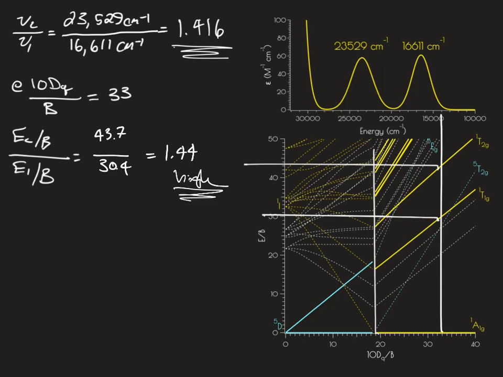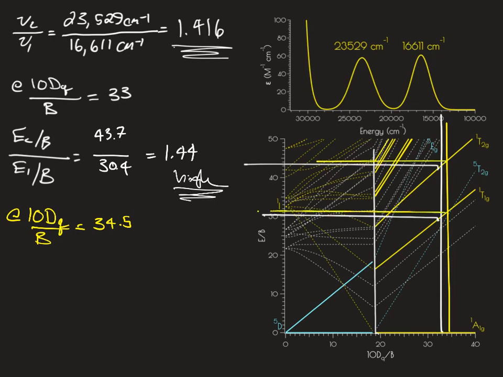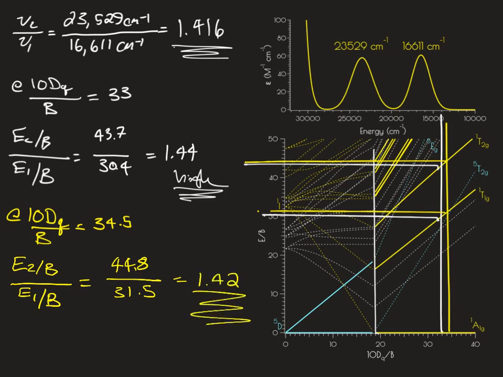So going through and moving to the right to a value of 34.5, we can draw that vertical line and then do our horizontal crossings, getting our E2 and our E1 over B values, and that's going to equal 44.8 over 31.5, which equals 1.42, which is a good value.